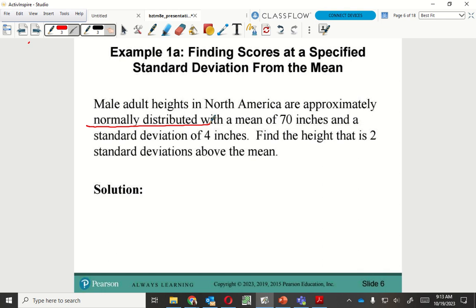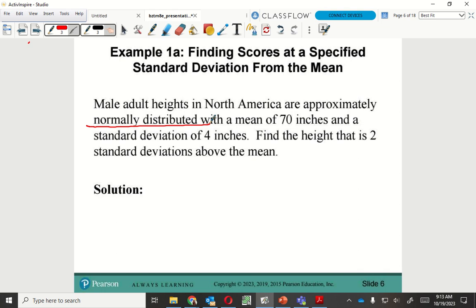The bell curve. Every time you hear normally distributed, you think of the bell curve, where we got the 68, the 95, the 99.7.